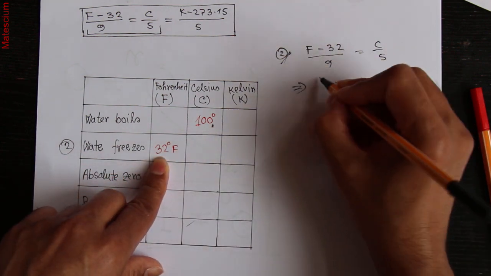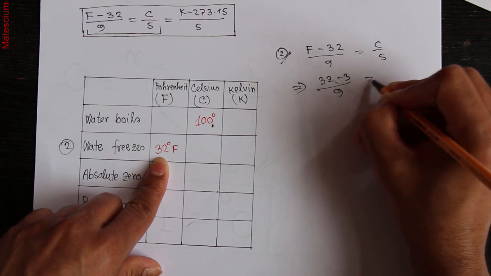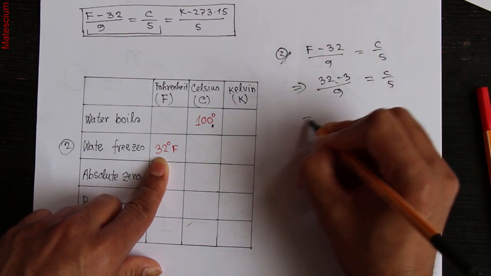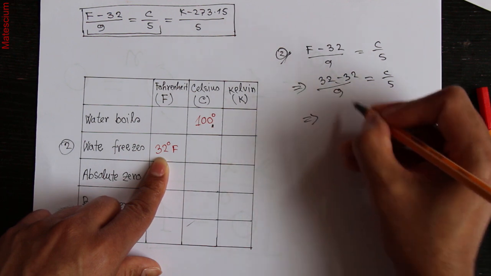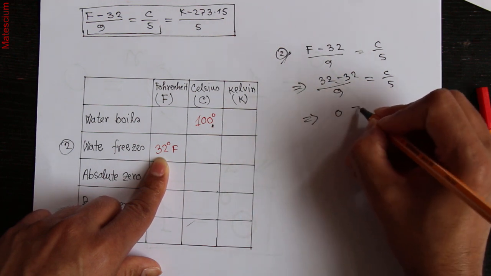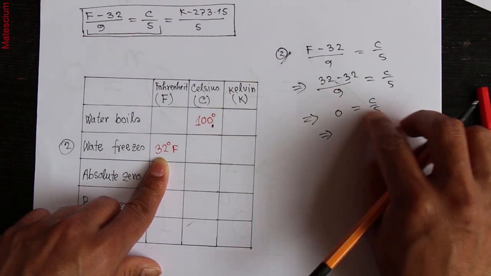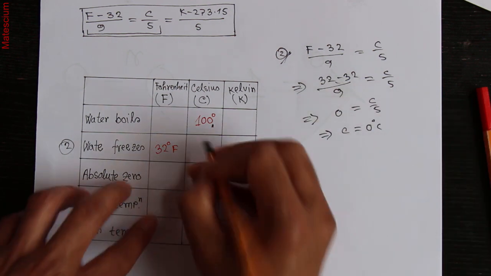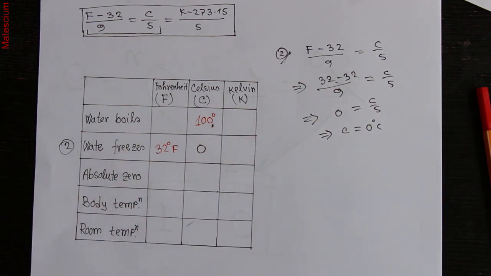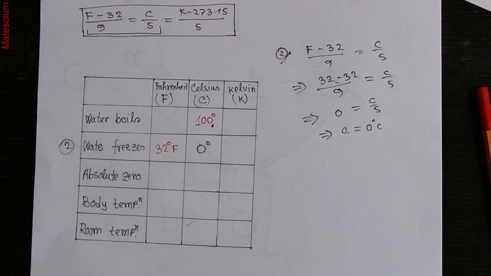That means (32 minus 32) over 9 equals C over 5. Look here, 32 minus 32 is 0. 0 over 9 is 0, and then C over 5. So C times 5 times 0 is 0. That means C equals 0 degrees Celsius. So the answer is 0 here. That means 32 degrees Fahrenheit is equivalent to 0 degrees Celsius.